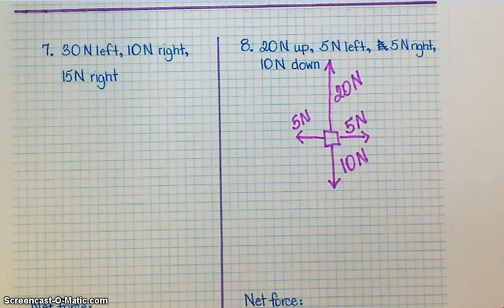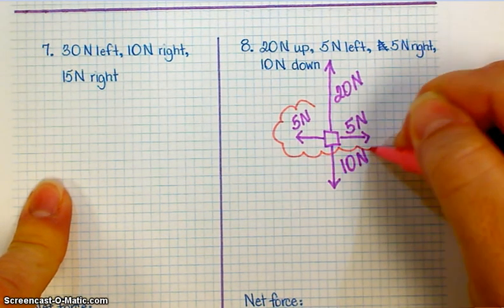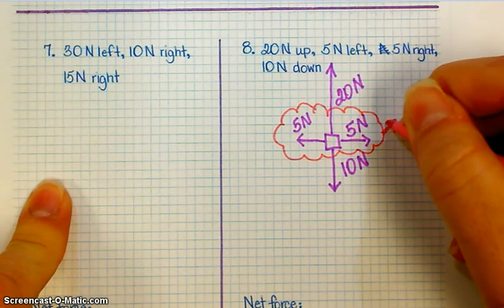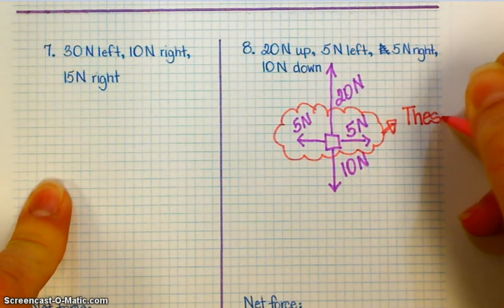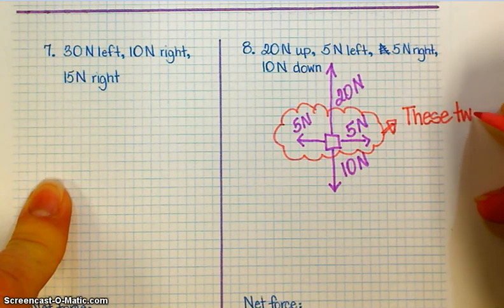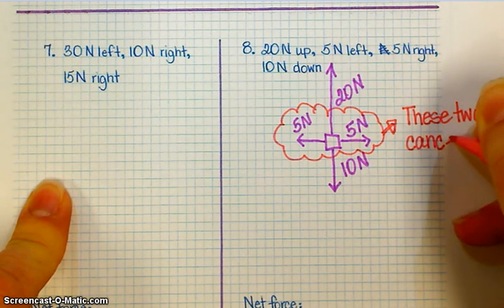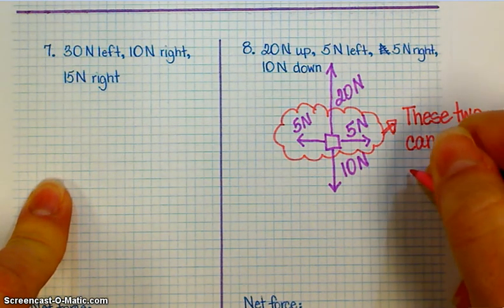All right, and at first you might panic because you've got 4 different directions, but really this one is not a big deal. If you will notice that these 2 forces right here, 5 newtons to the left and 5 newtons to the right, these 2 will cancel each other out because they are equal in magnitude and they are opposite in direction.